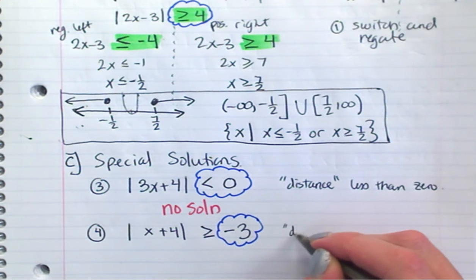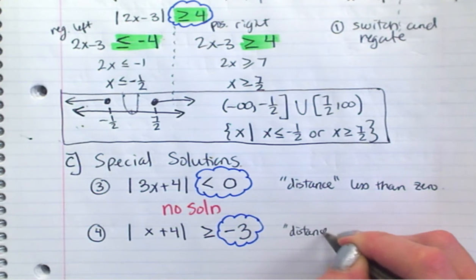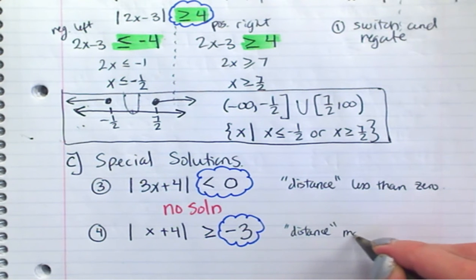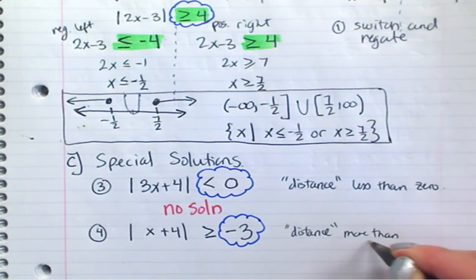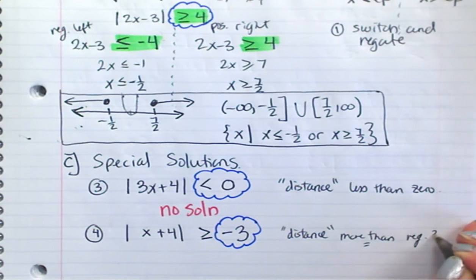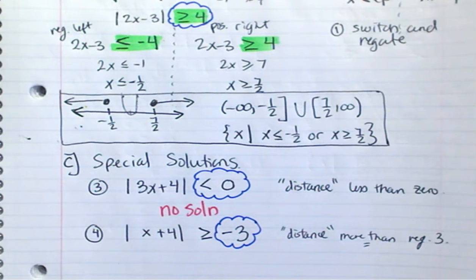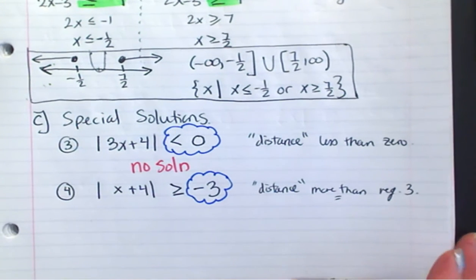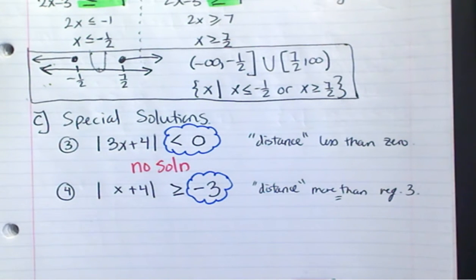This is what I'm reading to myself. Distance more than or equal to -3. What? Will distance be greater than or equal to -3? It's an or statement.